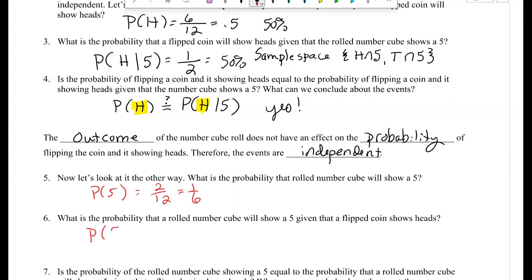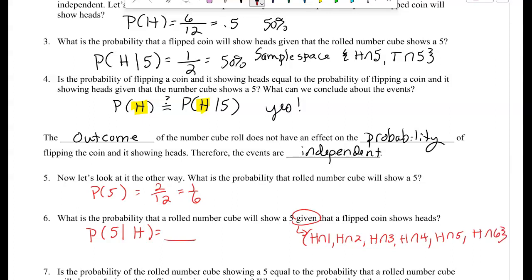If I'm rolling a 5, given I have a heads. Guys, how many heads are in my sample space? Yeah, we're given, we have 6 because we have heads in 1, heads in 2, heads in 3, heads in 4, heads in 5, heads in 6. So my sample space didn't go from 12, it went from 12 down to what? 6. How many of those will give me a 5?